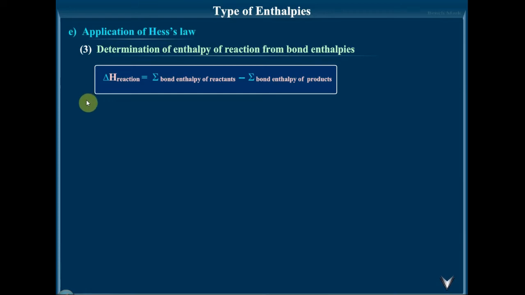So from that, how to calculate the delta H of a reaction? It is the sum of the bond enthalpies of all the reactants minus the sum of the bond enthalpies of all the products. So please write all these formulas to calculate the delta H of a reaction in your notebook. The first one was where the enthalpies of formation of products and reactants are given. Here, if the bond energies are given, then we have to use this formula, and while doing problems, it will be clear to you, children.